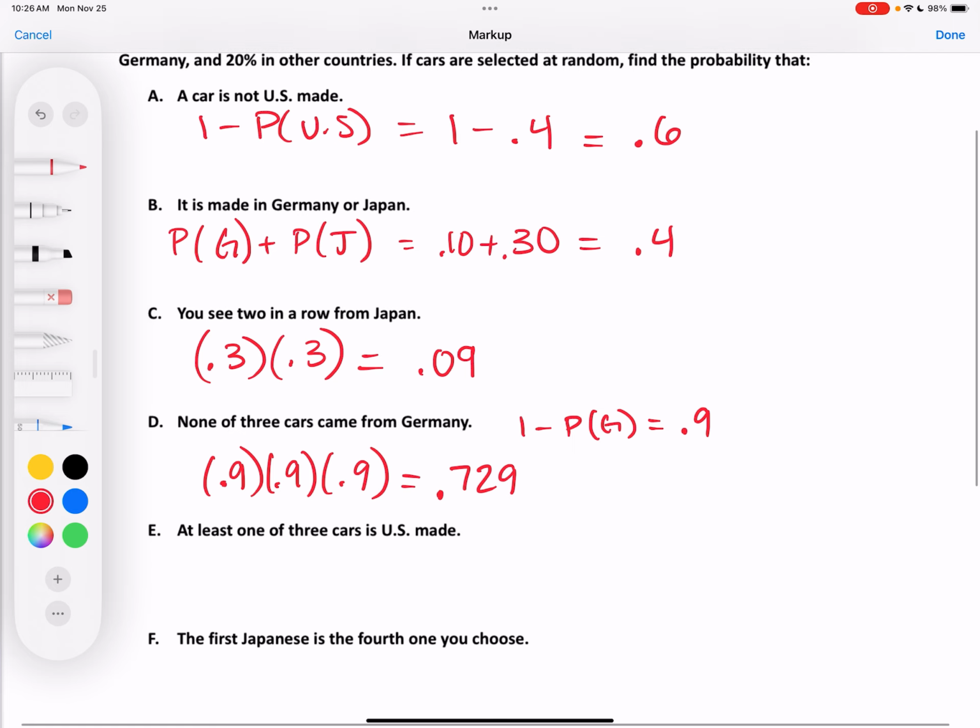At least one of the 3 cars is U.S. made. Will it just be 0.4? When I see this, what do I think of? What is that phrase supposed to remind me to do?